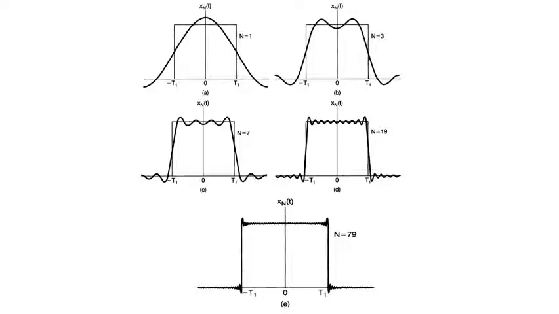Thus, as n increases, the ripples in the partial sum become compressed towards the discontinuity, but for any finite value of n, the peak amplitude of the ripples remains constant. This behavior has come to be known as the Gibbs phenomenon.